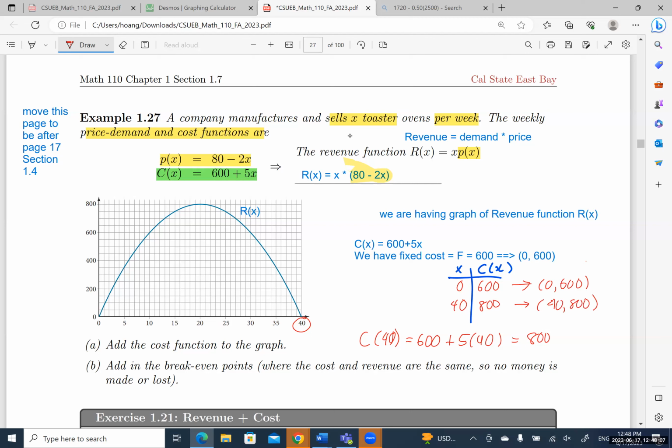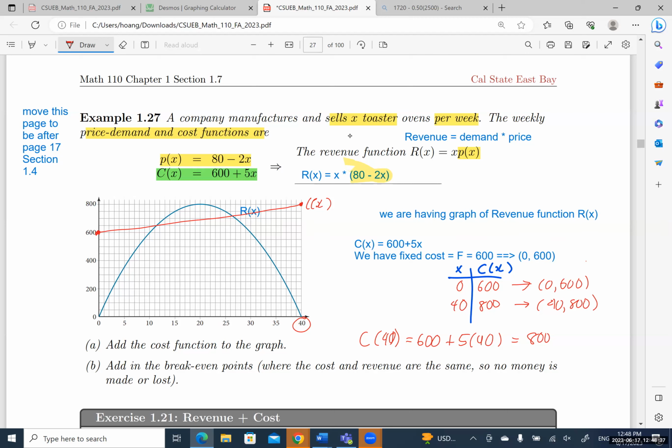Right, so I have 2 points. One was this one, another is 40, 800, and this is going to be this one. I'm going to draw the line going through the 2 points. All right, so that's going to be the cost function.